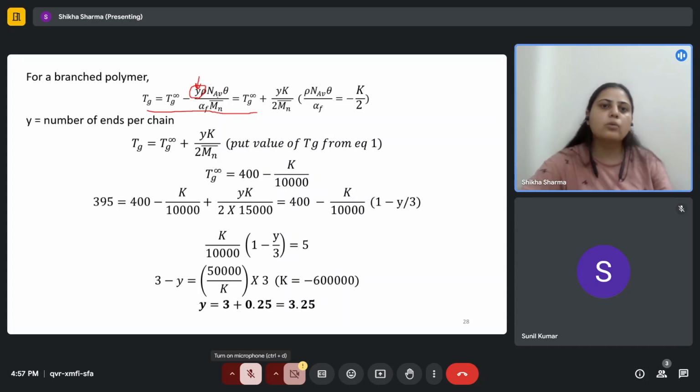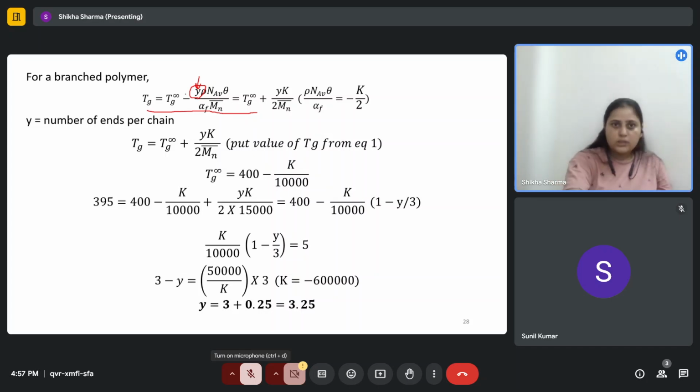So multiply by rho into Avogadro number into theta divided by the thermal expansion coefficient multiplied by the number average molecular weight. In the linear polymer we were taking 2 as the number of ends per chain, but in the branched polymer we are taking it as y.